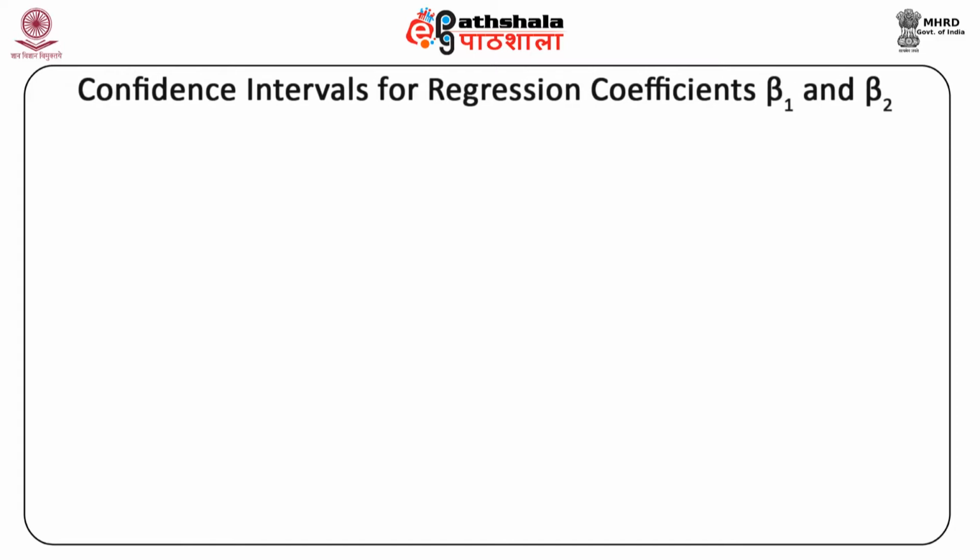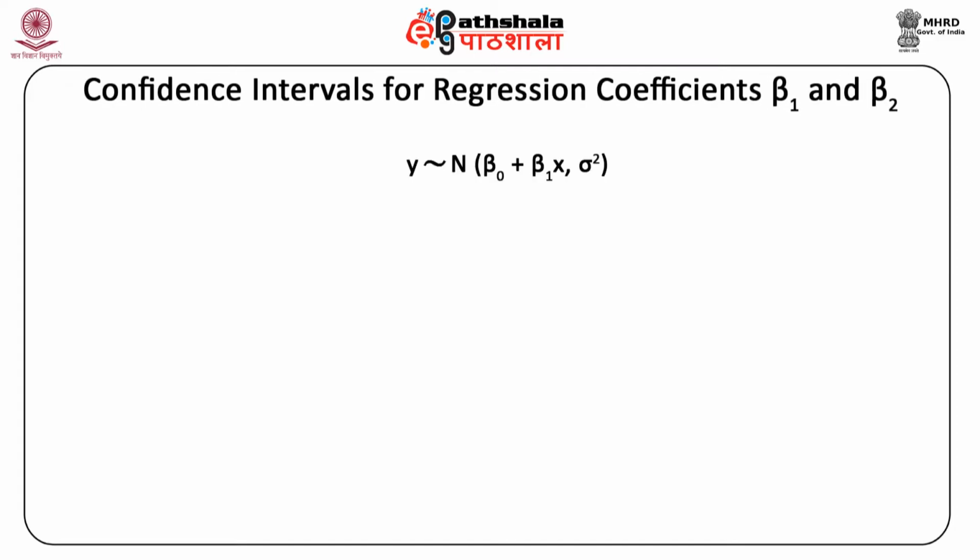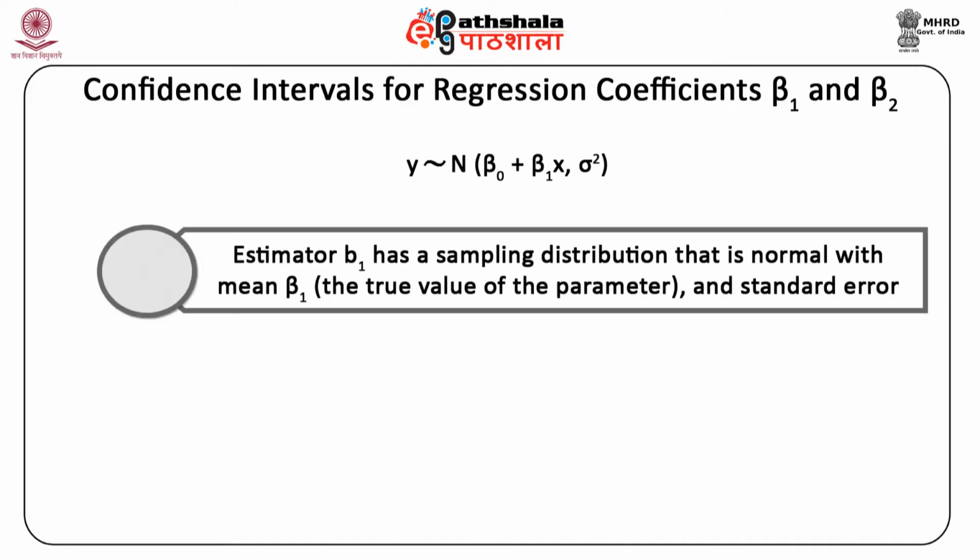Under the assumptions stated previously, namely that y is distributed normally with mean beta 0 plus beta 1 x and variance sigma square, our estimator b1 has a sampling distribution that is normal with mean beta 1, which is nothing but the true value of the parameter, and standard error defined as sigma divided by the square root of the summation of xi minus x bar squared, where the summation is over 1 to n.